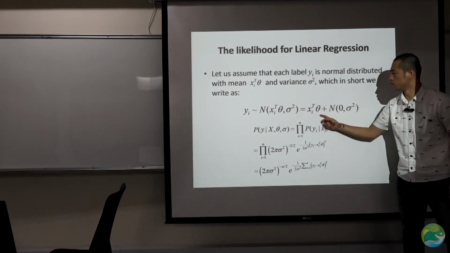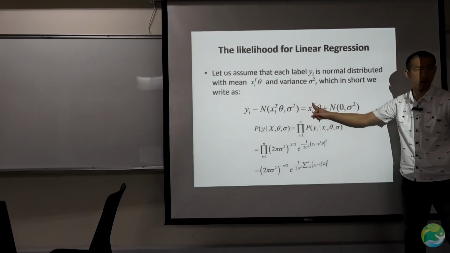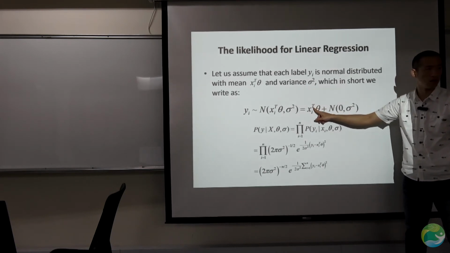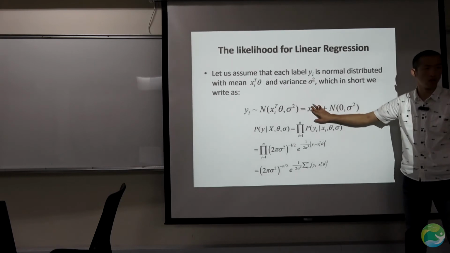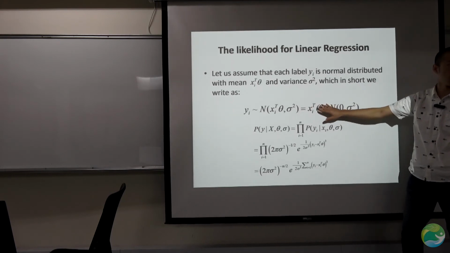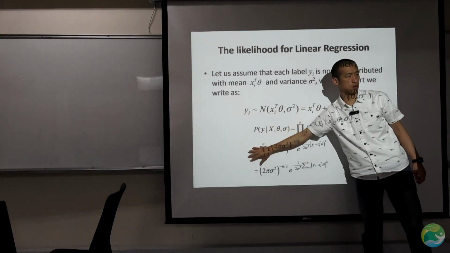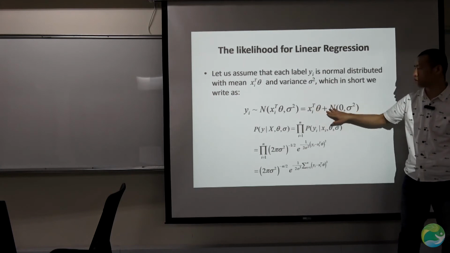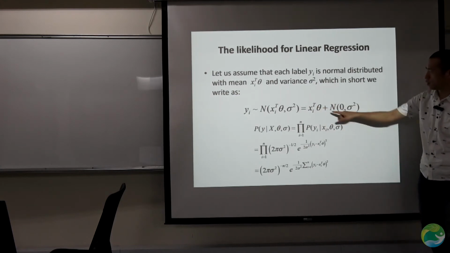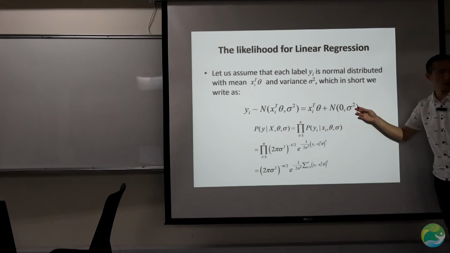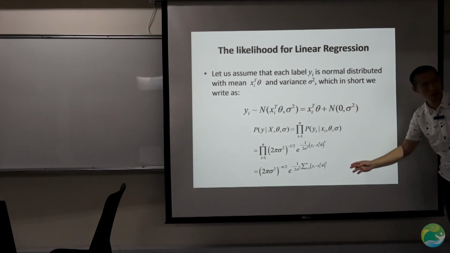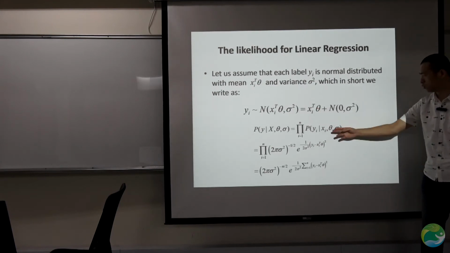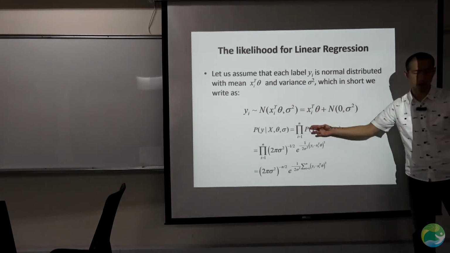What is this x_i with the upper script T? This is the matrix notation because we are handling multiple observations. So we use the matrix notation for the linear regression. x_i is a vector of the x values, but we do the transpose, so it becomes a row vector.